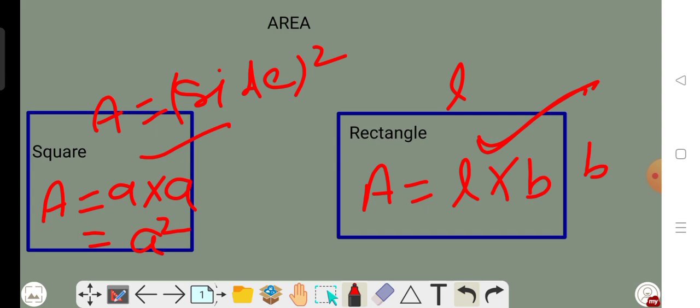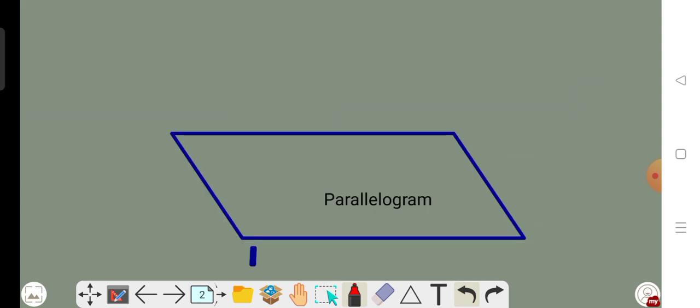Now we will move on to the next shape. Look at this. This is a parallelogram. As we know, a parallelogram is something like a rectangle, but the difference is that in a rectangle each angle must be 90 degrees, and in a parallelogram it is not necessary that each angle of the quadrilateral is equal to 90 degrees. So in the case of a parallelogram, first of all we have to draw a perpendicular like this.